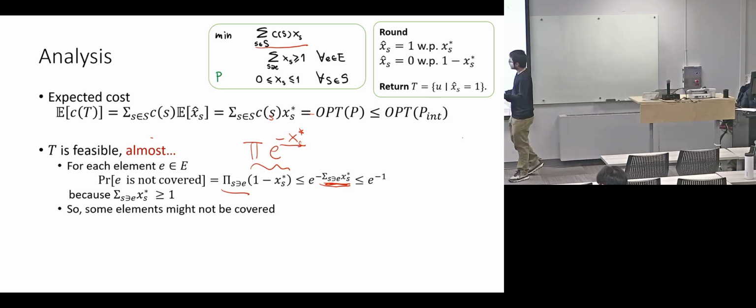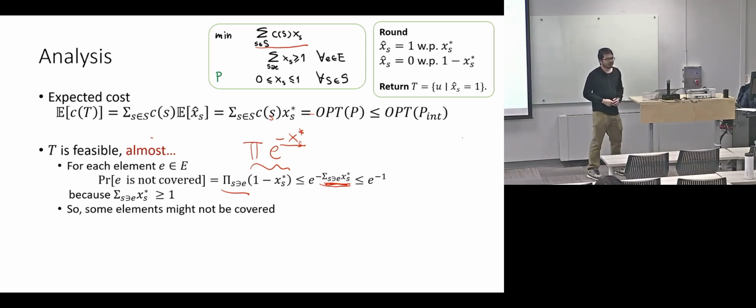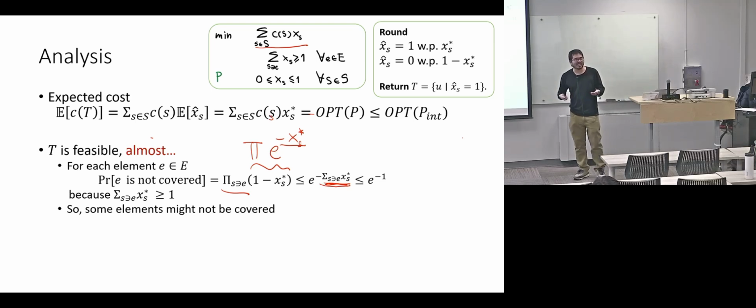When you generate the first set, an element is not covered with probability less than half. If you do it twice, it will be not covered with probability at most 1/4, and again and again. What should be the number of repetitions so that each element is covered with high probability?